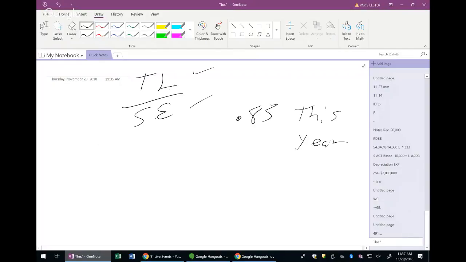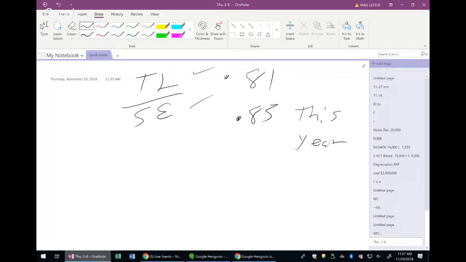Has anybody got it for last year yet? 0.81. Could be, Mark. Let's see, what numbers are you using, Mark? Last year, you're using total liabilities of 13,000, and total equity of 15,971.